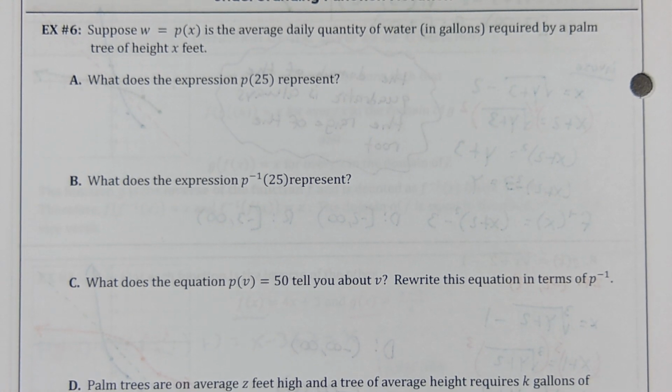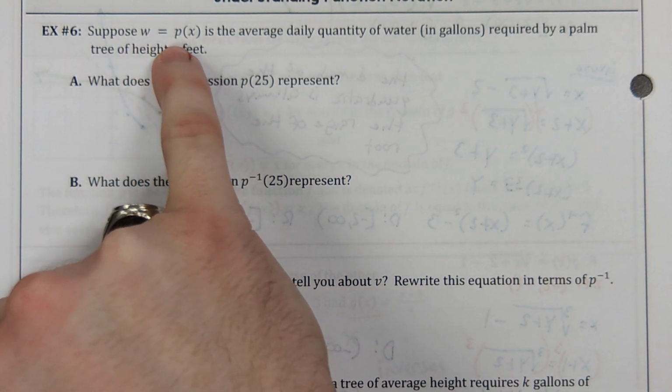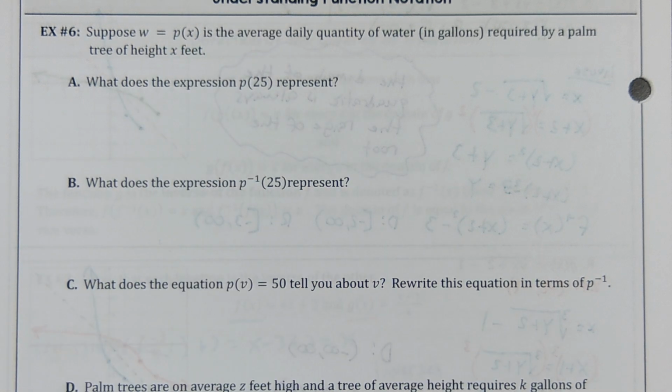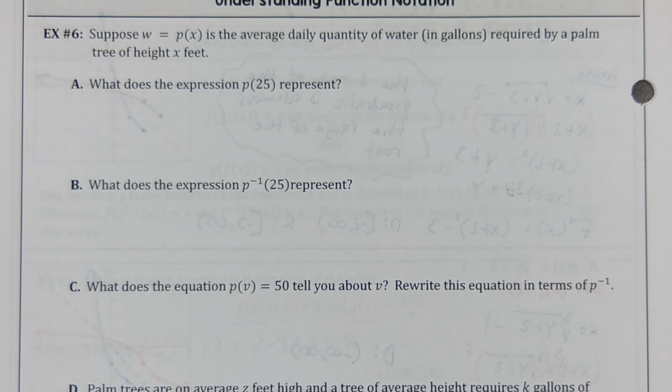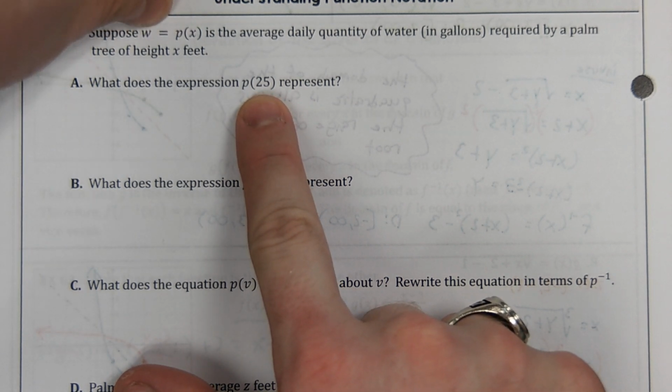Suppose W equals P of X is the average daily quantity of water in gallons required by a palm tree of height X feet. Again, water needs of a palm that is this tall. So X is the input, that's the height of the tree. So if you know the height of a tree, you can determine the amount of water it uses in gallons. So it says, what does the expression P of 25 represent? Well, P of 25 would be equal to some W, would it not?